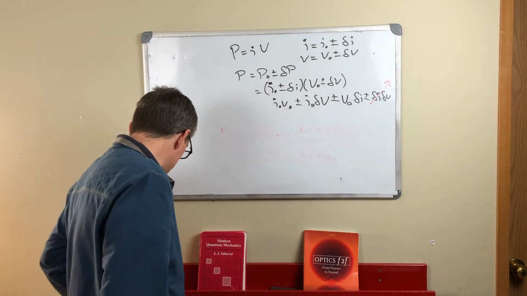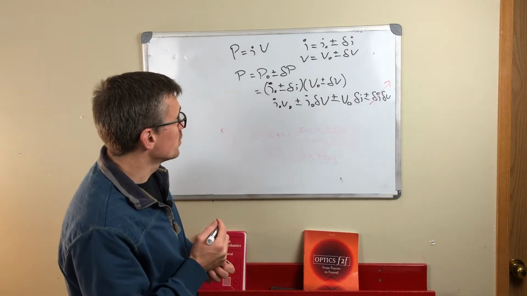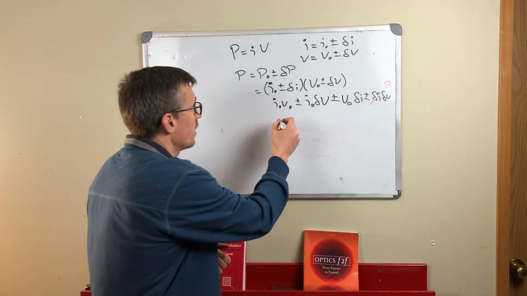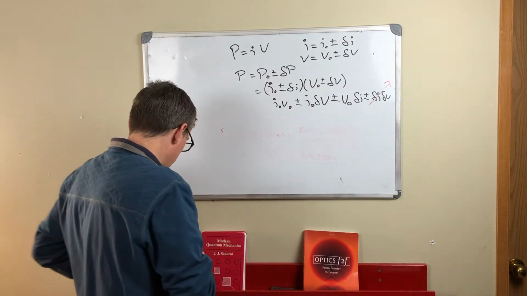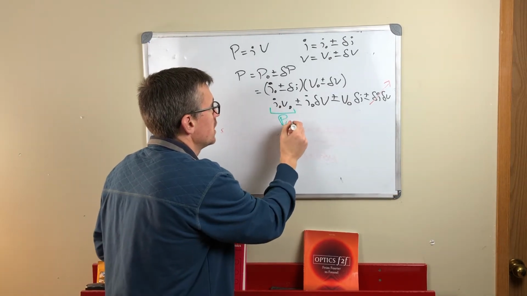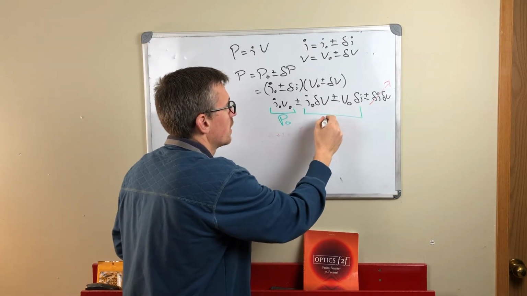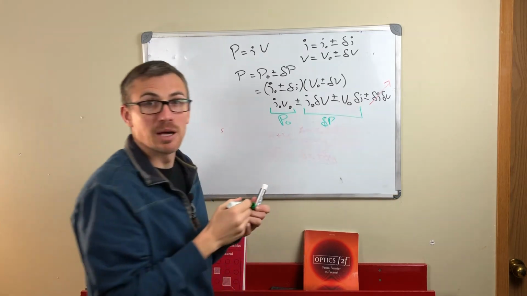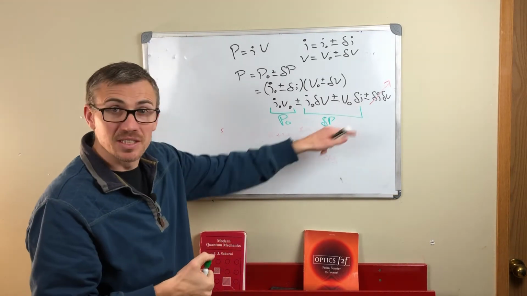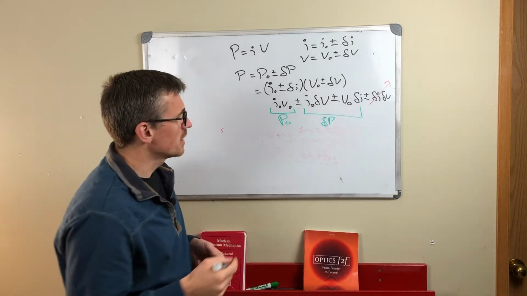So let's continue. In this case, we don't have something that's quite as nice, do we? Right away we have this term, which is P naught, and therefore this term is my uncertainty in power. Let's look at that. That's not particularly illuminating.